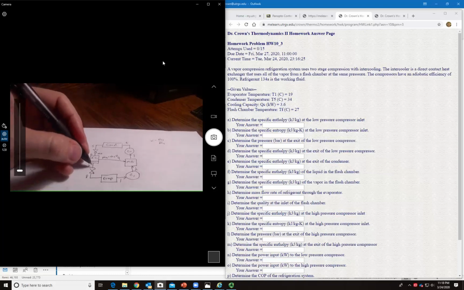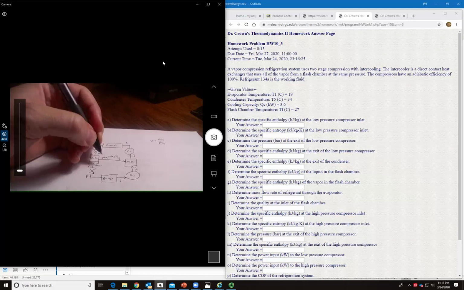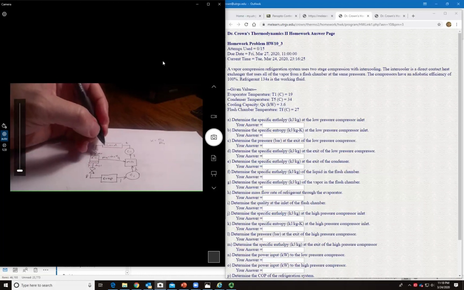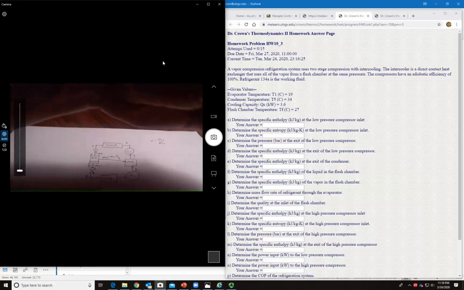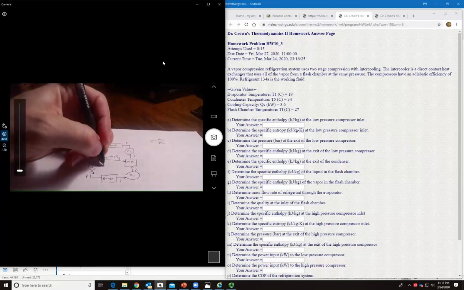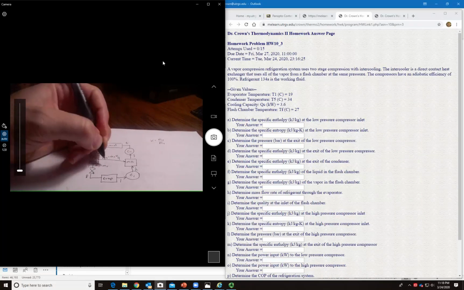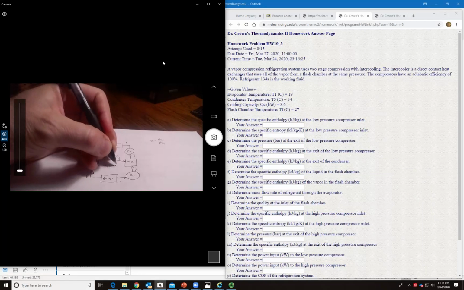And then what would go this way, which would be m dot 7, would equal the rest of it, so it would be m dot total, or m dot 6, however you want to look at that, m dot total times 1 minus x6.